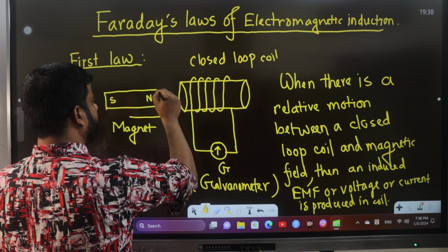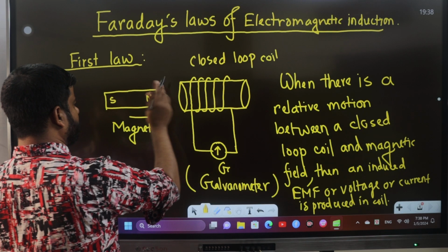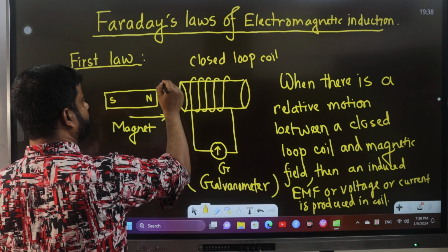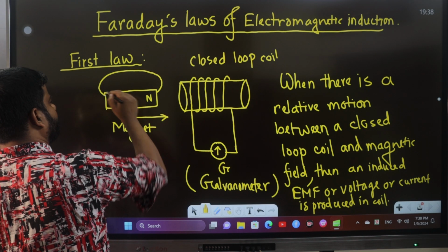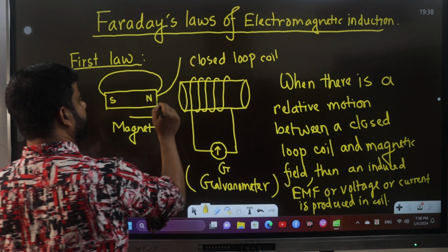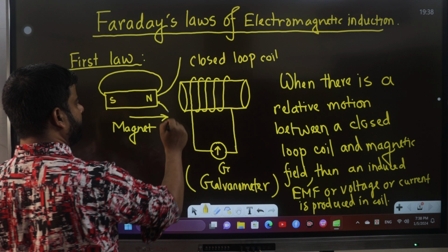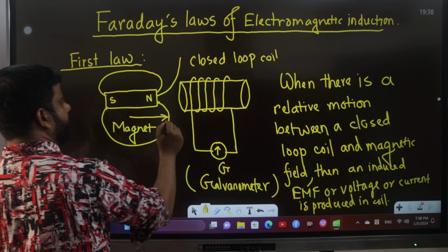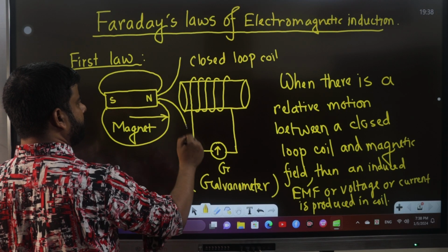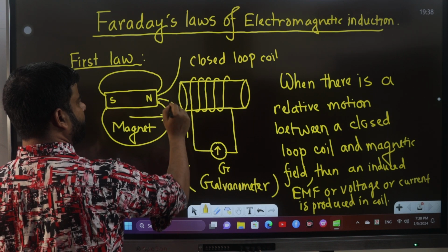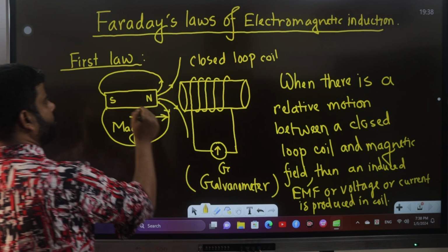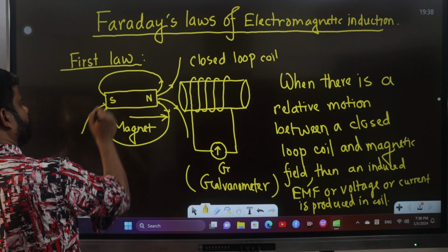We know magnetic lines of force start from the north pole and end at the south pole. So this one is the magnetic line of force, direction north to south.